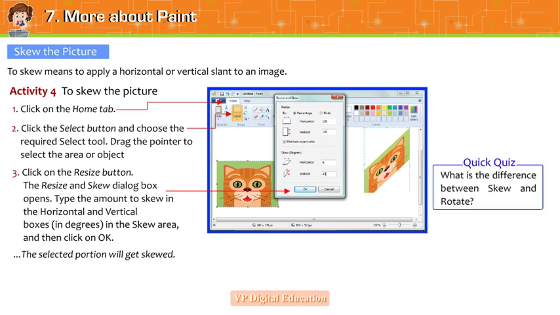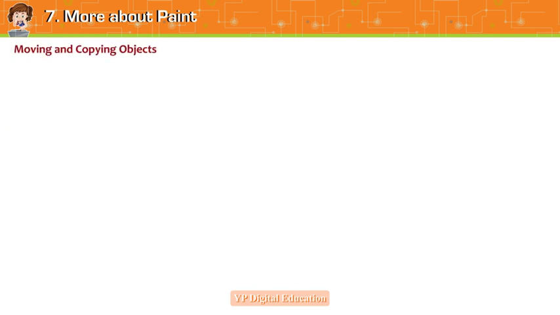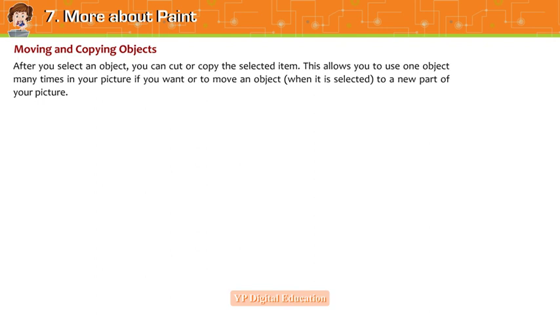Quick quiz. What is the difference between skew and rotate? Moving and copying objects. After you select an object, you can cut or copy the selected item. This allows you to use one object many times in your picture if you want, or to move an object when it is selected to a new part of your picture.